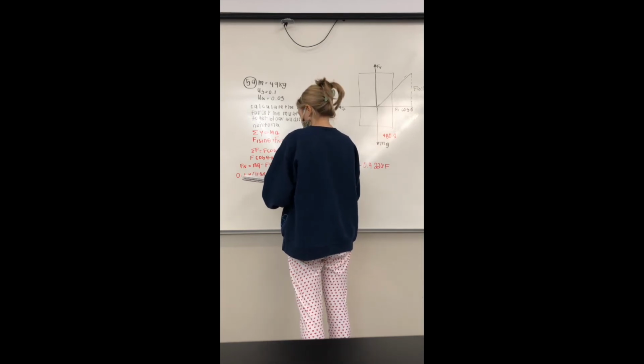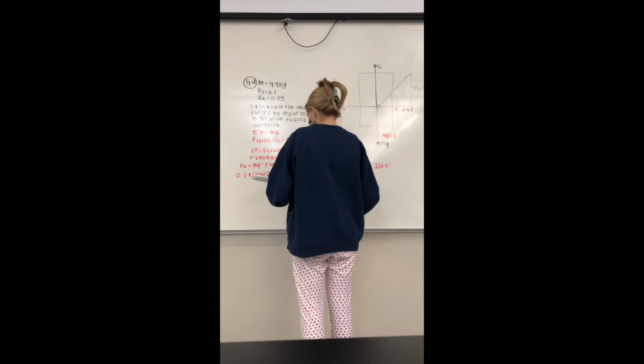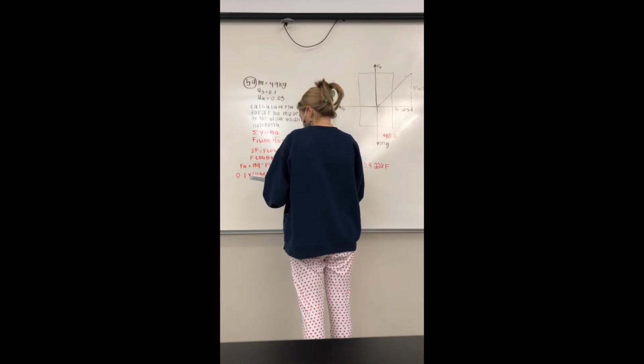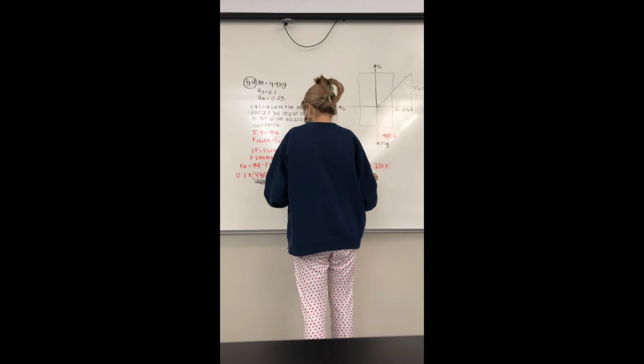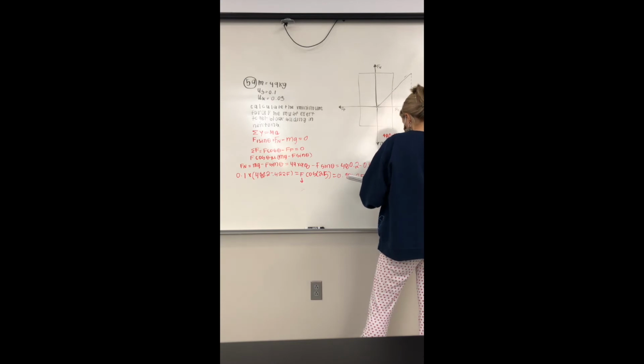Oh no, it was 480.2. So 480.2 equals 0.9063 F. We just found whatever cosine of 25 is, and to solve for that, we do 480.2 times 0.1, which makes it smaller, divided by 0.9486, and we get F equals 50.622 newtons.